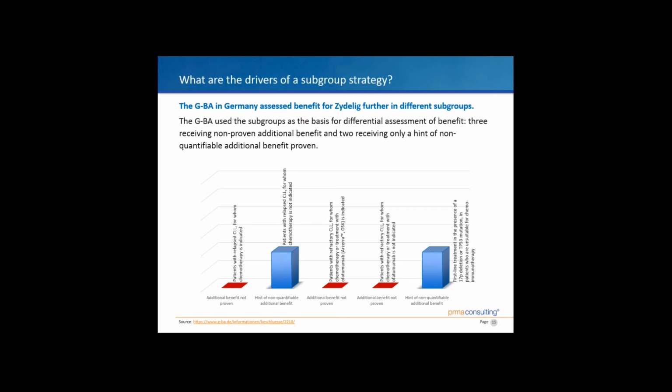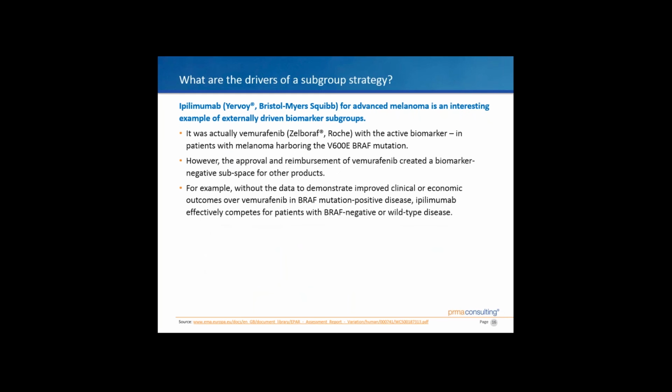And that opens up a lot more of the comparator basket. The Germans required that, and that evidence just didn't exist. So what you see are these 2 columns where evidence was provided, 3 columns where evidence wasn't submitted. And obviously, for those who know, Zedelig is an example of orphan status and subgroups, but that will be a story for another day, not here.